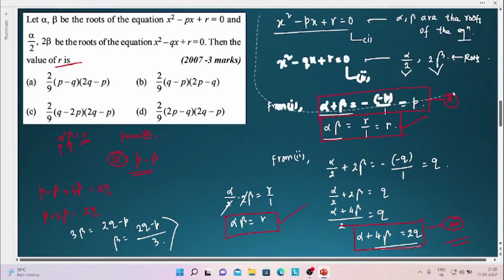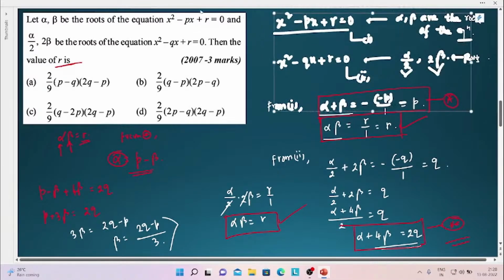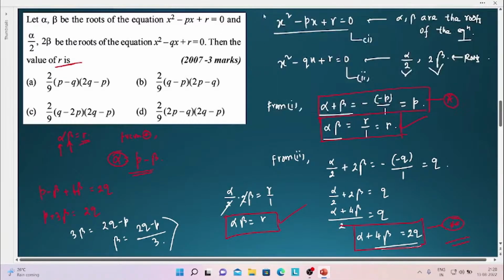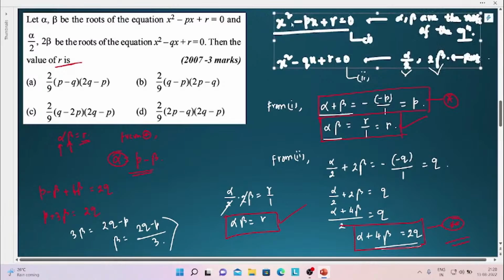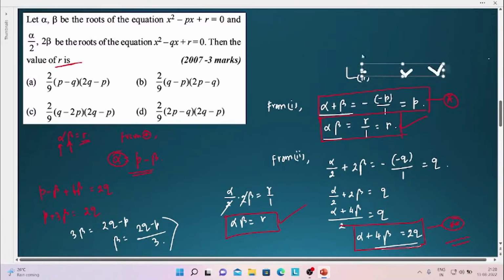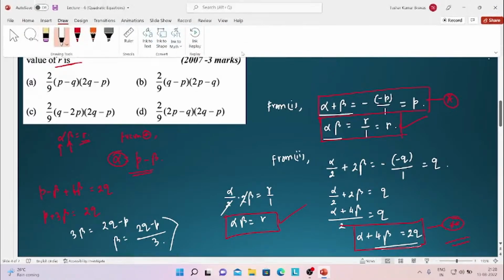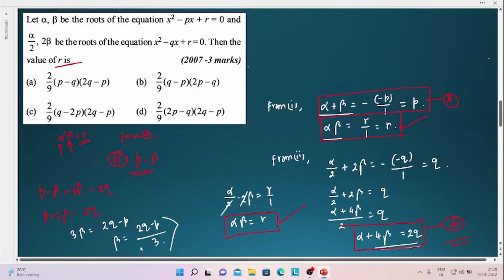Let me erase that part so that I can get the value of alpha. That will be more than sufficient to solve this question. We got the value of beta here, which is also very important. Let's put beta in star.